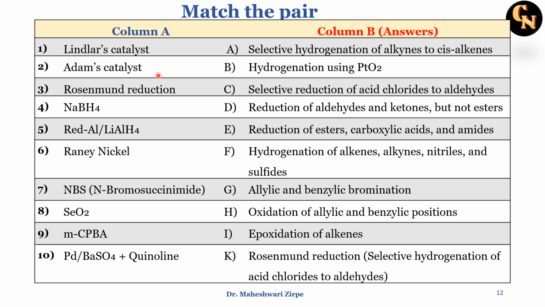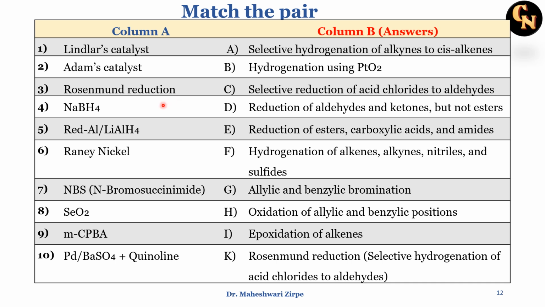Now the next is Adams catalyst. Adams catalyst is used for hydrogenation using PtO2, that is platinum dioxide. Then the third one is Rosenmund reduction. It is selectively reducing acyl chlorides to aldehydes. Whenever it is Rosenmund reduction, you should always remember the catalyst, that is palladium with barium sulfate.